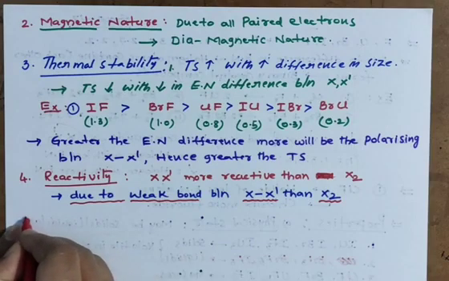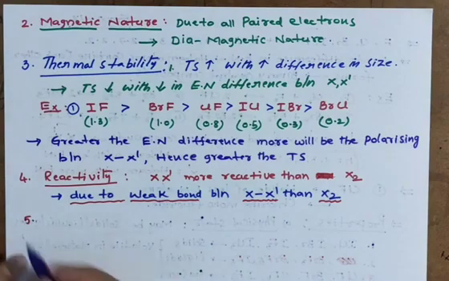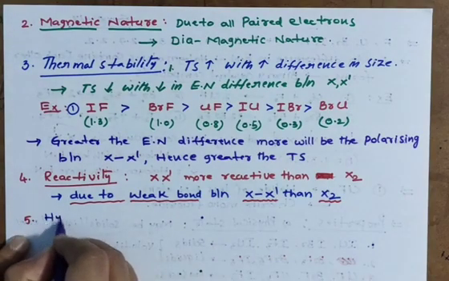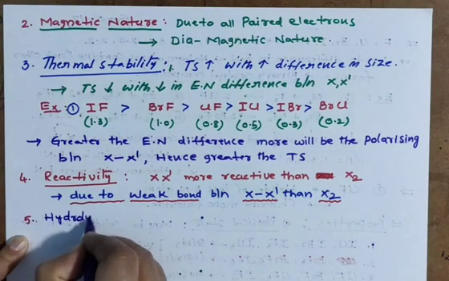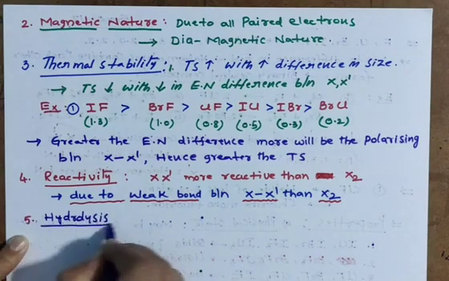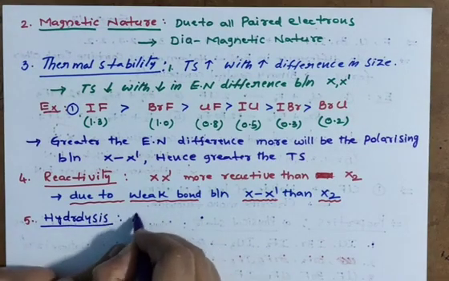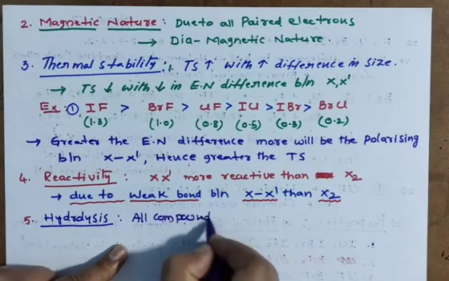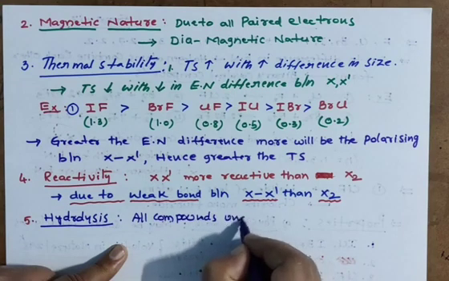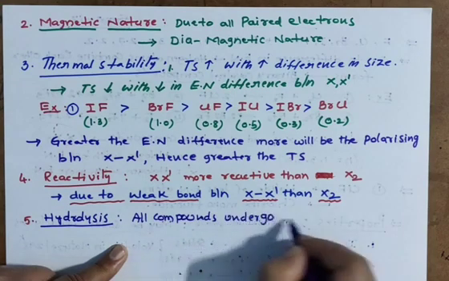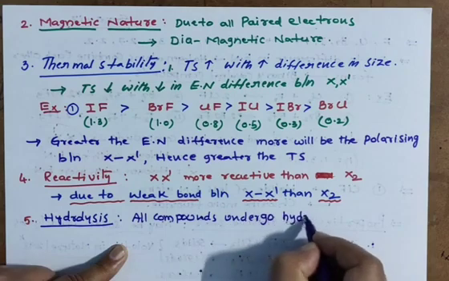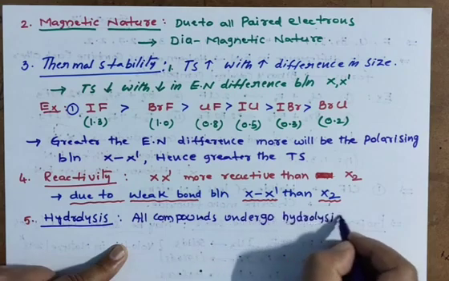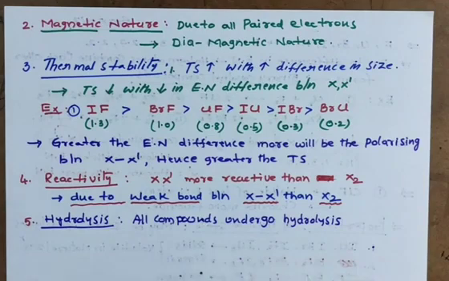Next, another property, that is hydrolysis. Hydrolysis means reaction with water. All interhalogen compounds undergo hydrolysis. So there is no exception here.